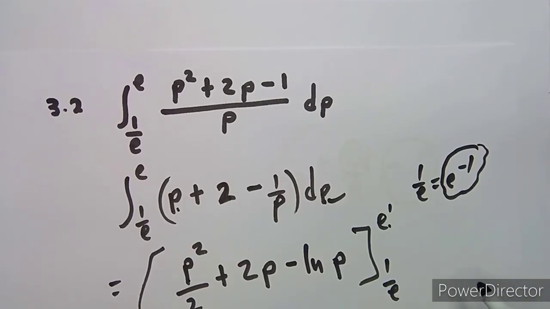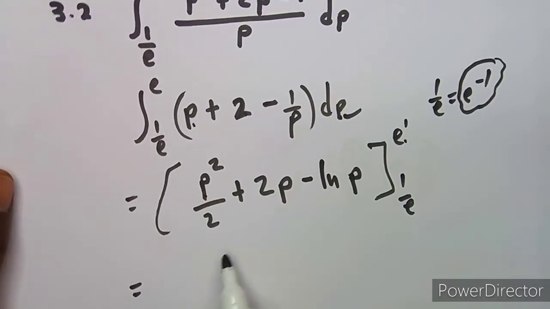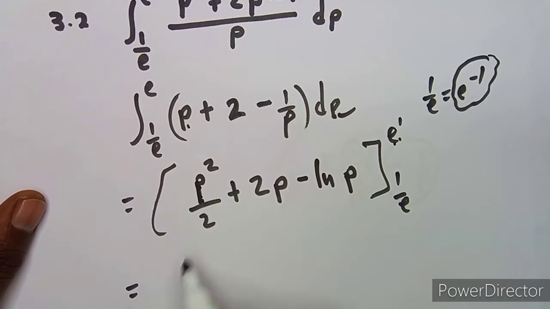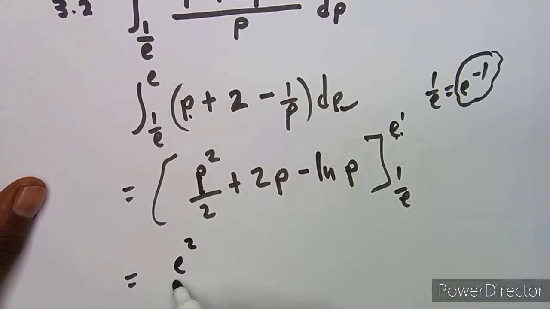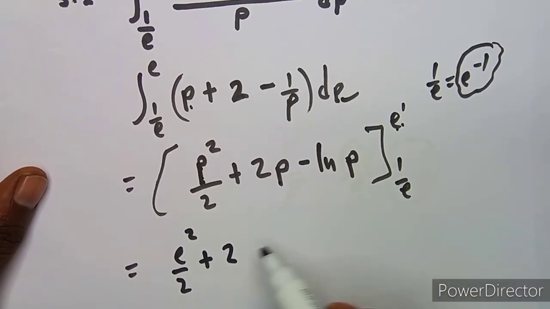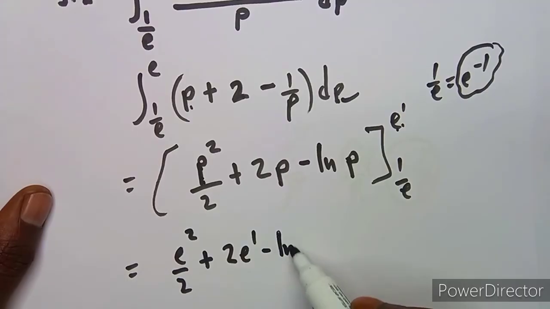When you use it from your calculator, you put an exponent of 1. All right, so in place of p we are going to put e, so it's e to the exponent of 2 over 2 plus, in place of p you put e to the exponent of 1 minus ln, in place of p we put e to the exponent of 1.